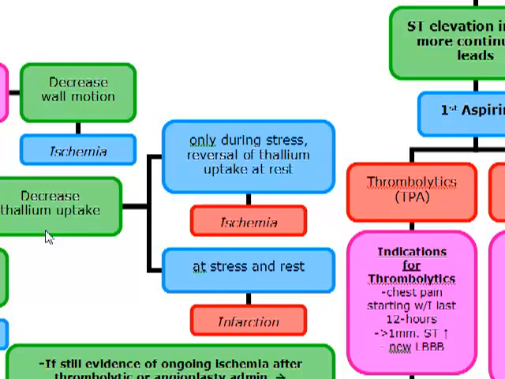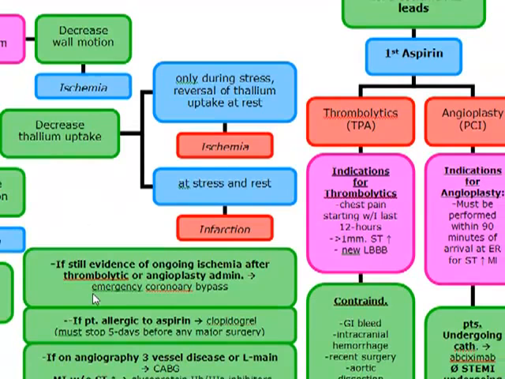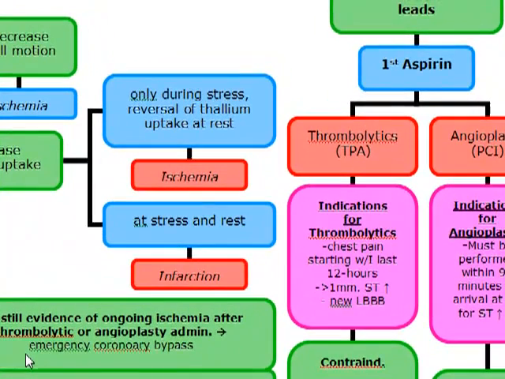And CABG is indicated if there's evidence of significant left main coronary artery disease, if there's a greater than 70% stenosis of the proximal left anterior descending artery and proximal left circumflex arteries, if there's 3-vessel coronary artery disease, if there's significant proximal LAD disease with 1 or 2 vessel disease plus an ejection fraction of less than 50%, or a large area of myocardium at risk on non-invasive testing, or if there's 1 or 2 vessel disease with a large area of risk for myocardial disease and high risk criteria on non-invasive testing.